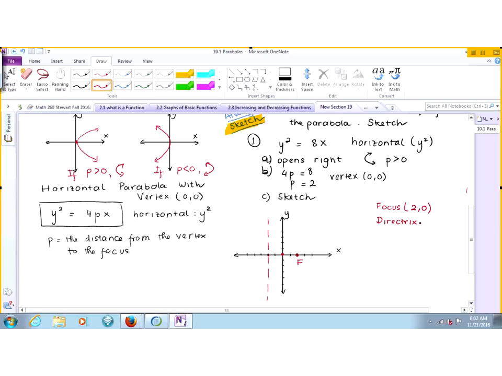Now, what about the equation of the directrix? This is a vertical line, so it's x equals what? x equals -2, yes. So you see how the sketch makes it a lot easier, even though we didn't sketch the parabola yet?